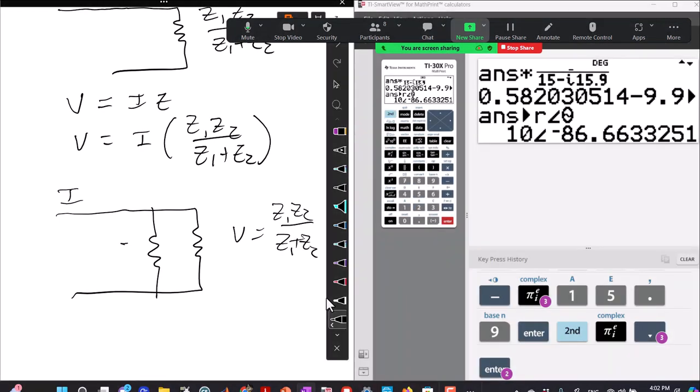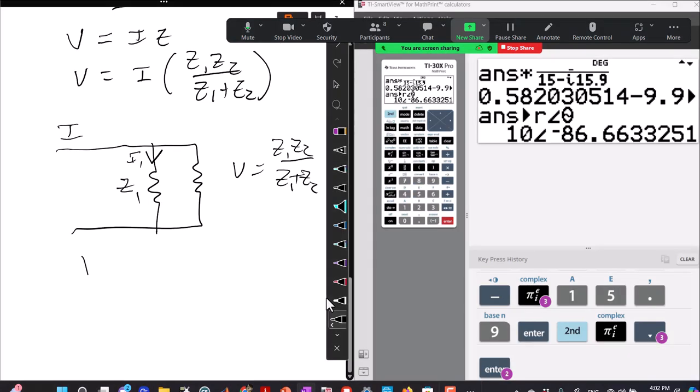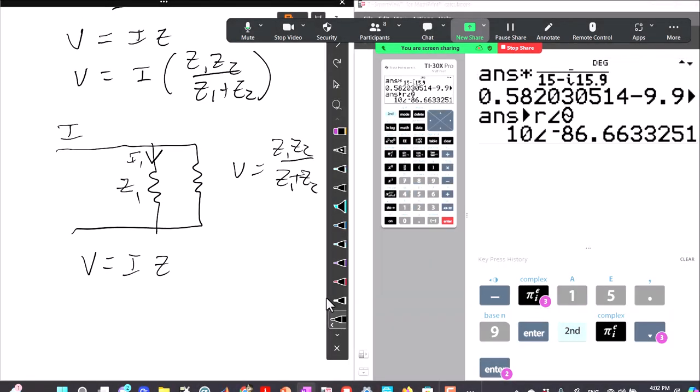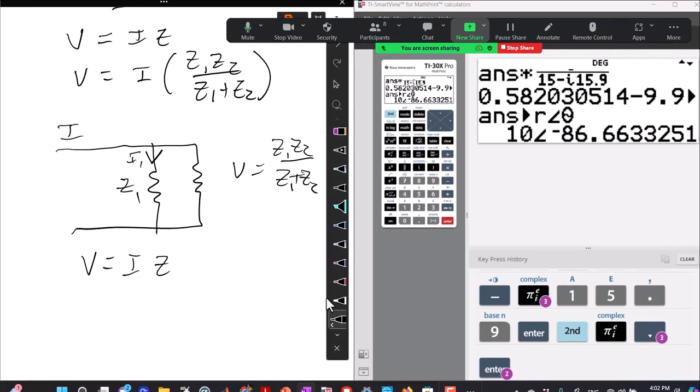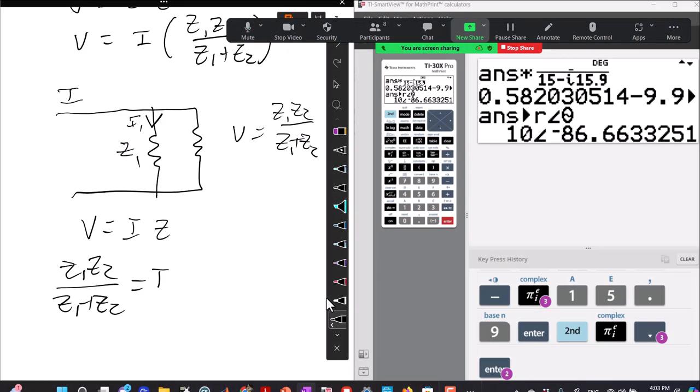Now if I want to get the current through this Z1, I1, I know from Ohm's law that V equals IZ, and here I'm just looking at this first impedance. The voltage is Z1 Z2 over Z1 plus Z2. That will equal I1 times Z1.